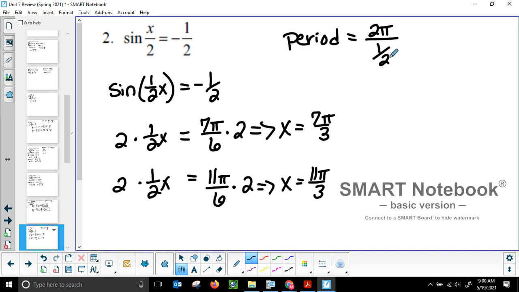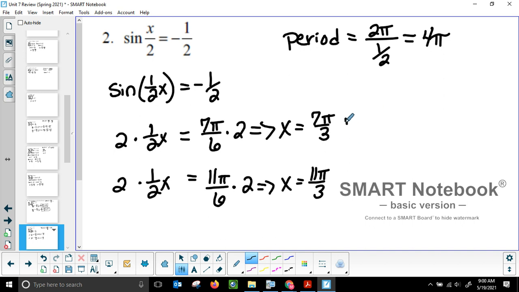Dividing by 1/2 and multiplying by 1/2 are not the same thing at all. In fact, they are exact opposites. When you're dividing by 1/2, don't try to multiply the top by 1/2. If you're going to remember your middle school stuff, it's keep, change, flip. You have to flip the bottom, and you have to multiply. So this just ends up being 4 pi.